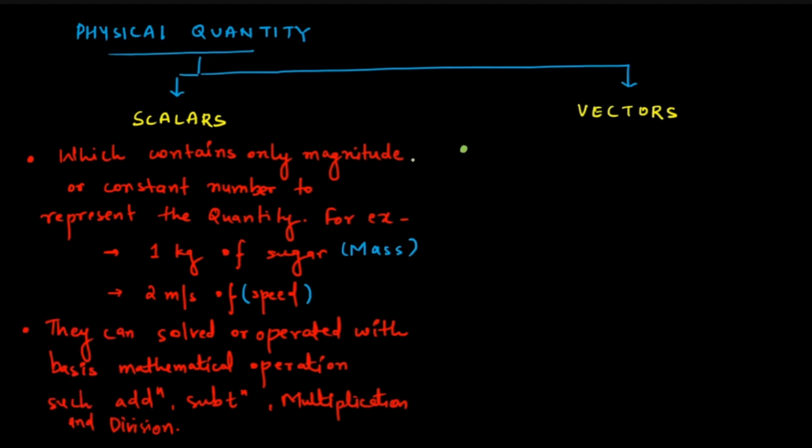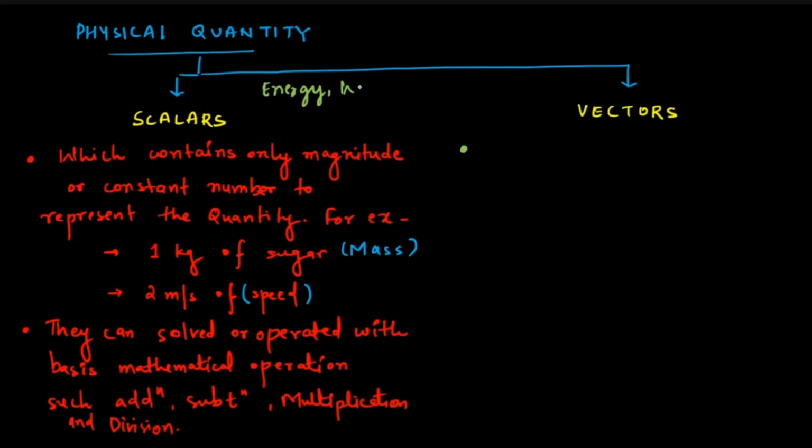Now let's try to define what vectors are. These are the very basic things about scalars. If I give you some examples of scalars, just tell me one more thing. Have you learned physics in any previous grade? No. All right. I'll give you some examples also. When it comes to scalars, energy is one such scalar quantity.